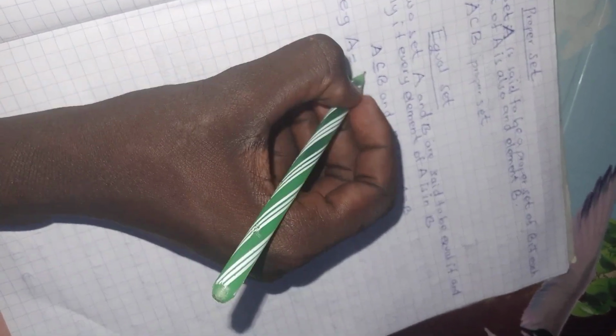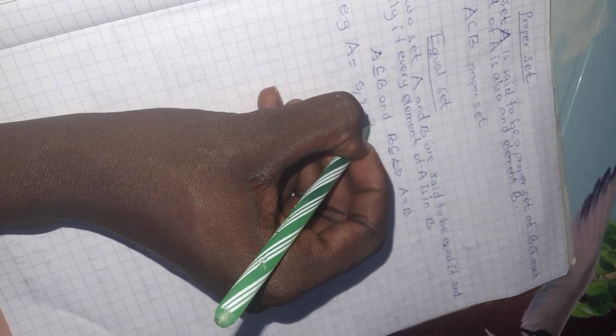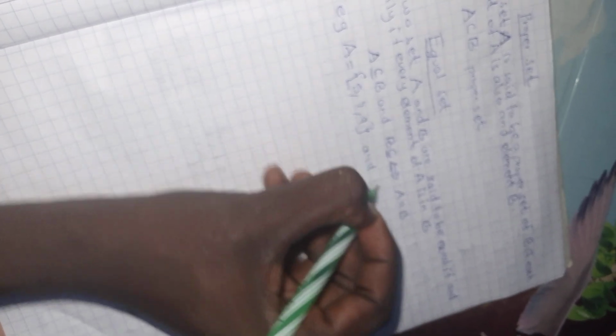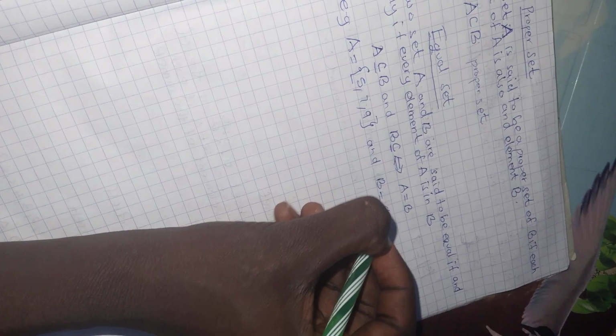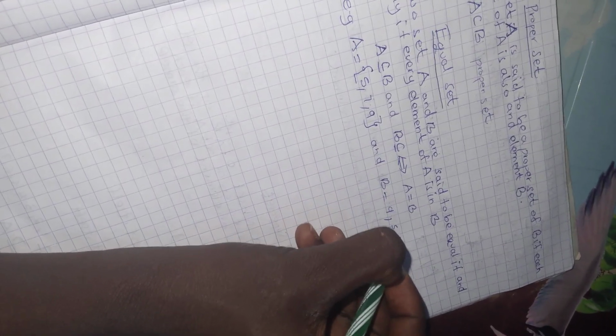For example, set A contains elements 5, 7, and 9, and set B contains elements 9, 5, and 7.